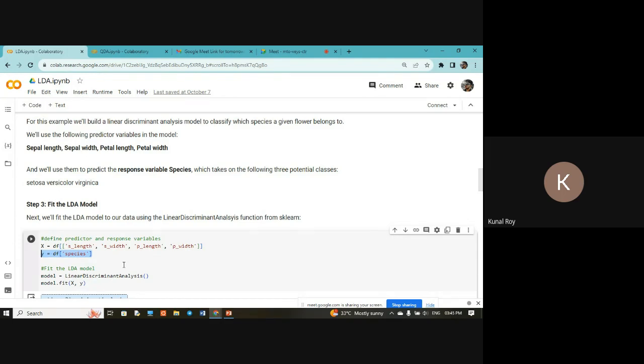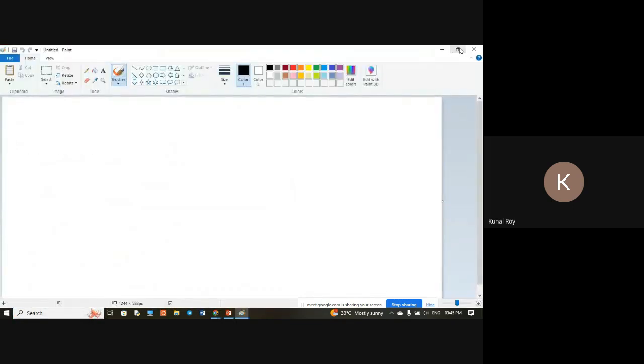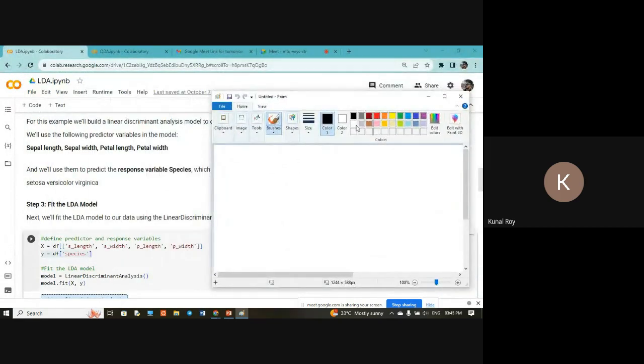Now this species, I want to convert this y into different classes. I am just taking a normal approach. I have x, which is converted into 4 parts: sepal length, sepal width, petal length, petal width, and I have a y which has been converted into 3 parts.